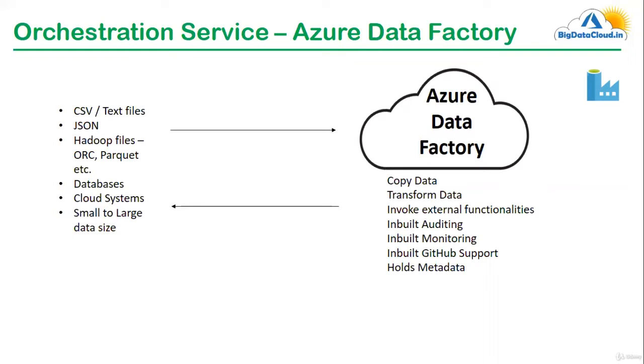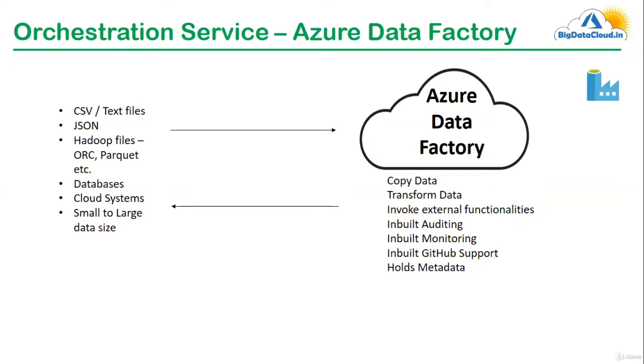Azure Data Factory is an orchestration service which is able to perform various operations, including extracting data, loading data, and to somewhat transform the data. On the right side, Azure Data Factory, which is shown in the cloud, is a service that runs on the internet in the Azure environment.